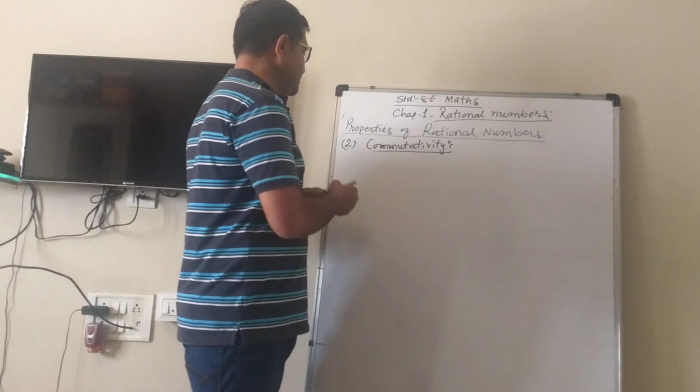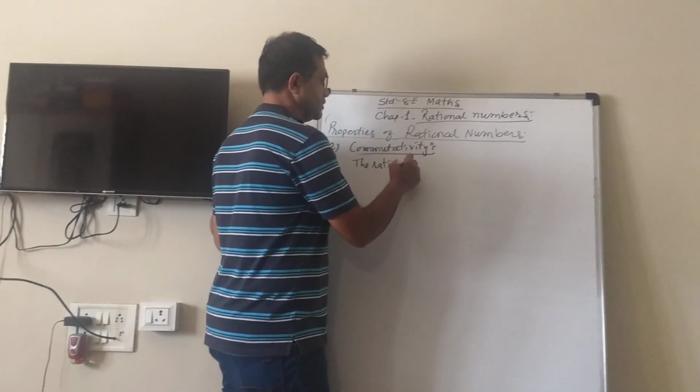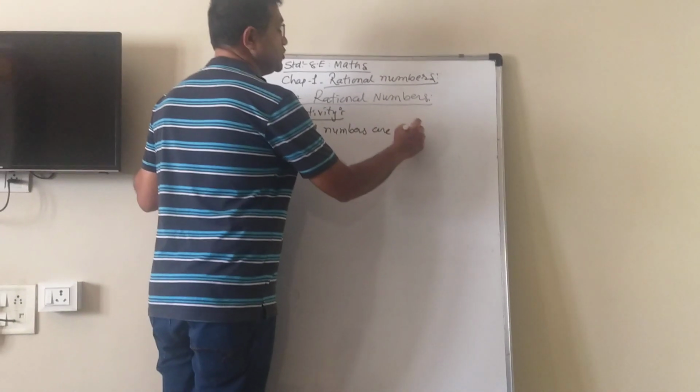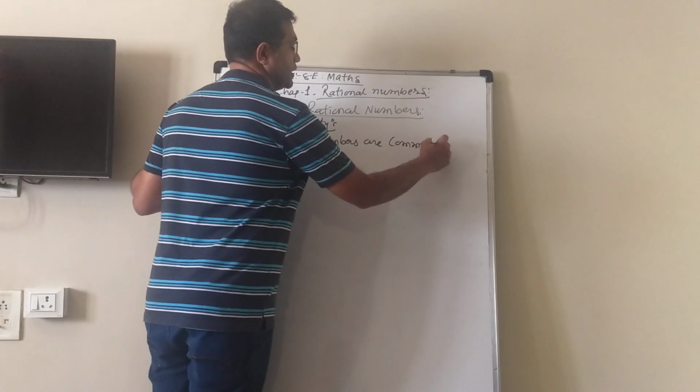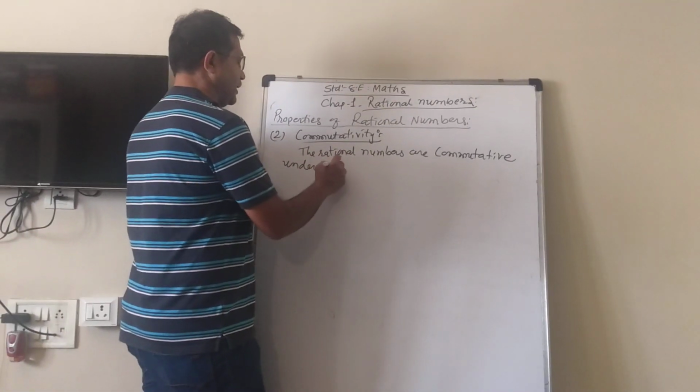So we can write down that the rational numbers are commutative under addition.